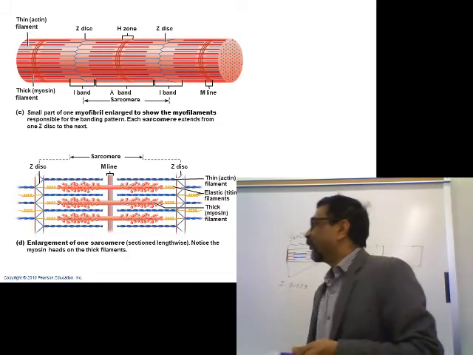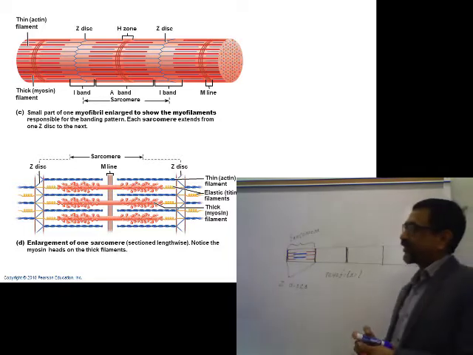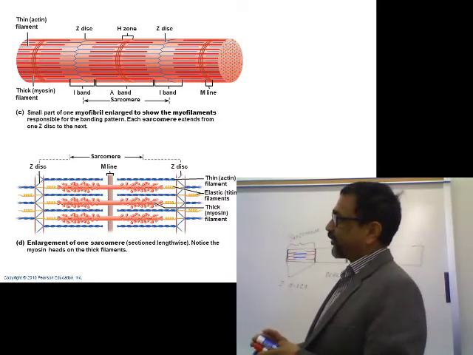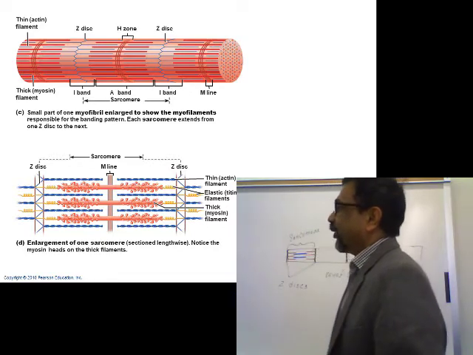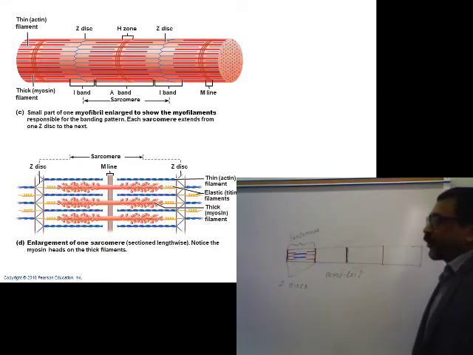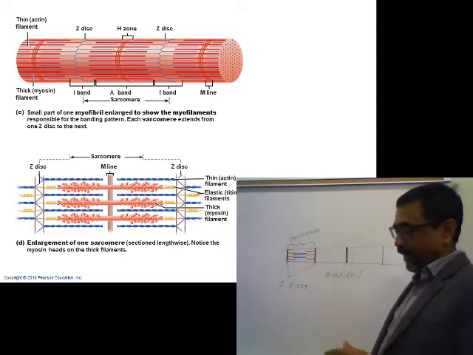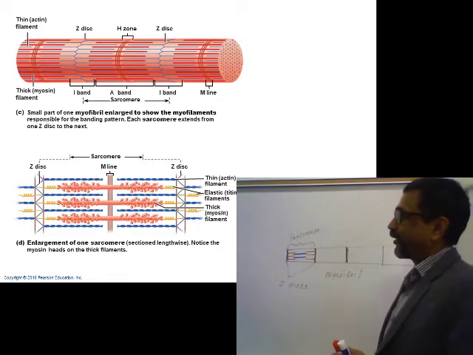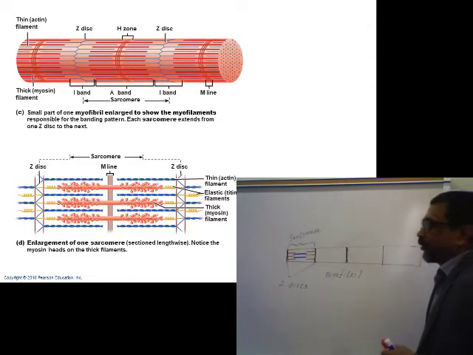Okay, so here you see Z discs. In between two Z discs you have the sarcomere, right? If you look at the upper picture, you see two types of filaments present inside the sarcomere, the red colored and blue colored.